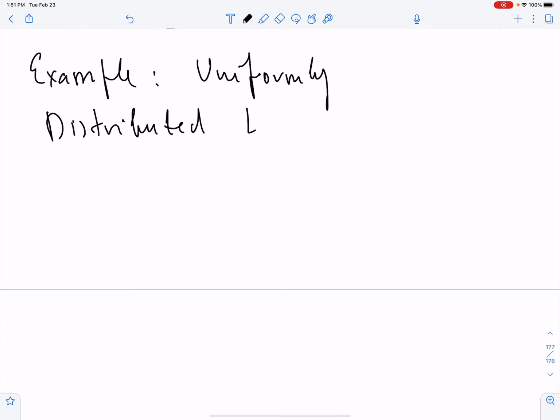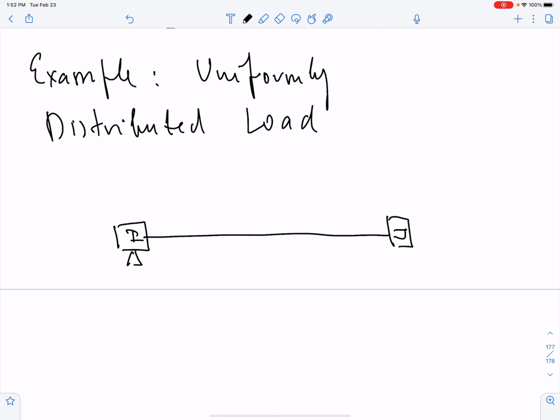Distributed load, okay? And so now here's your element IJ, right? Decided that we're going to put it on pins, right? We don't care how the end nodes move. I'm interested specifically in the response based on the application of a constant load now, right?